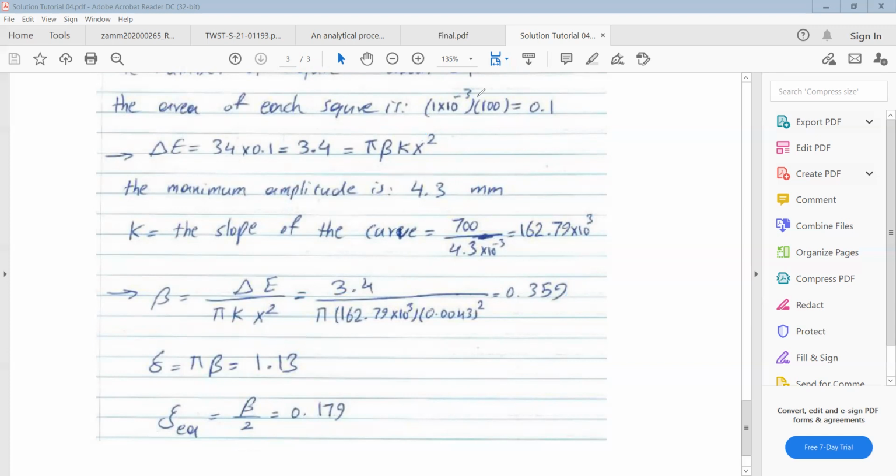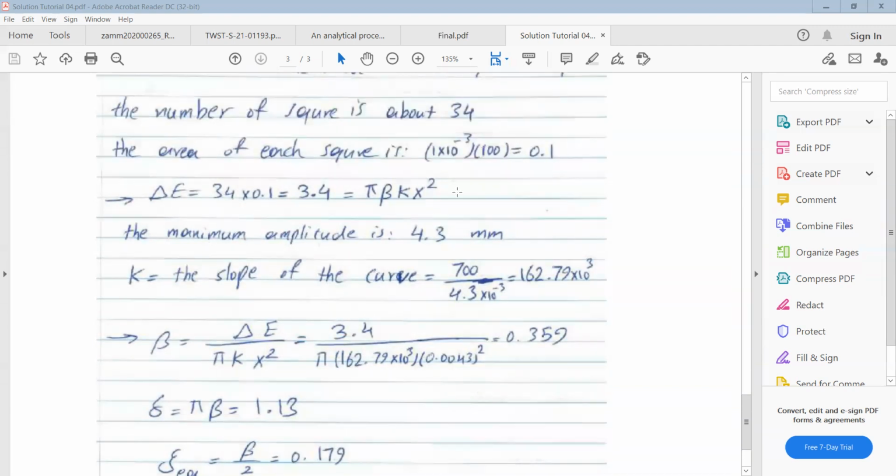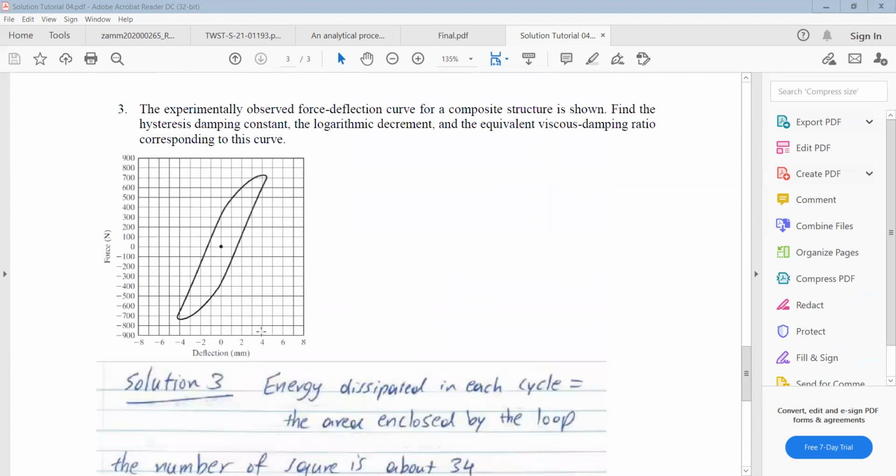Okay, any question? The amplitude is clear here, the amplitude of the motion, because this is the deflection.